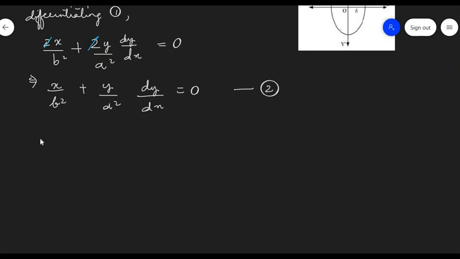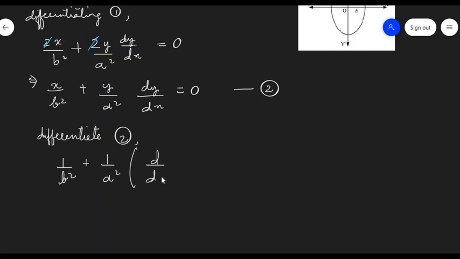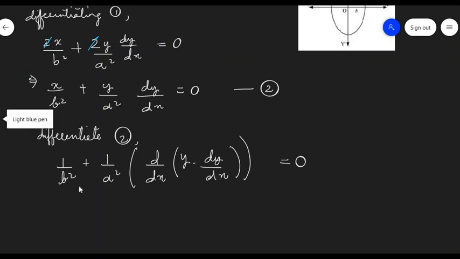Let's differentiate equation number 2 and see what we get. Differentiation of x is 1 and b square will remain as it is, plus 1 by a square, and we need to differentiate y into dy by dx. We will differentiate it by the identity used to differentiate functions in multiplication.